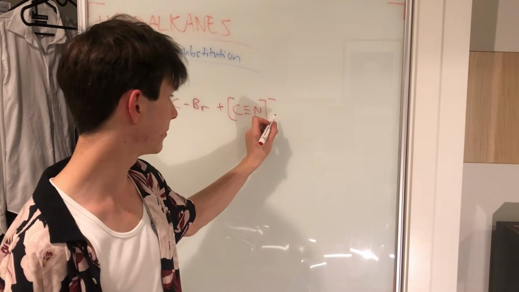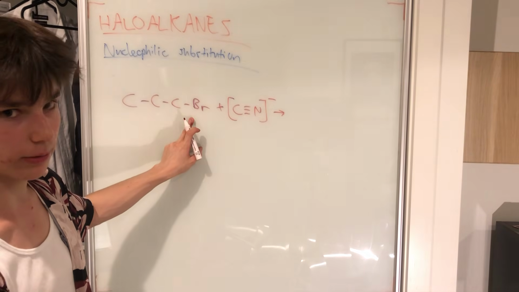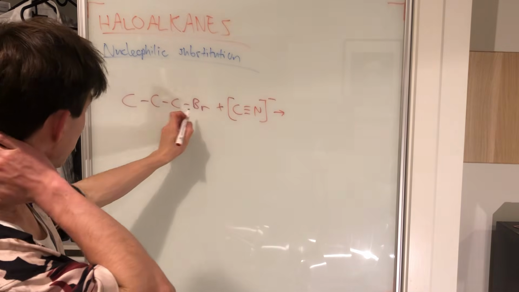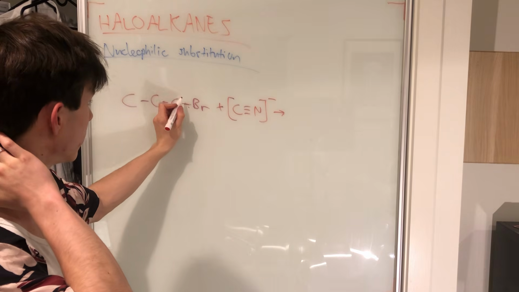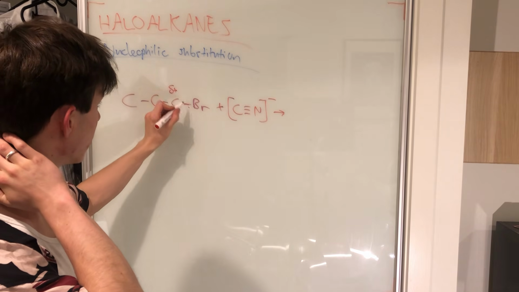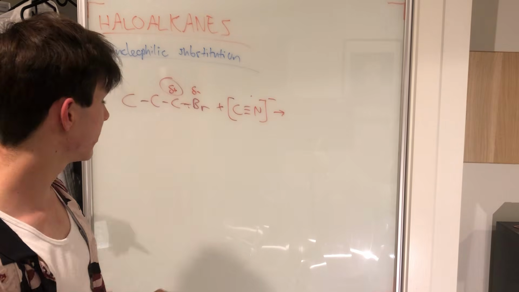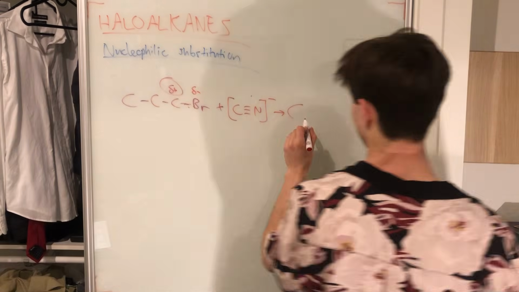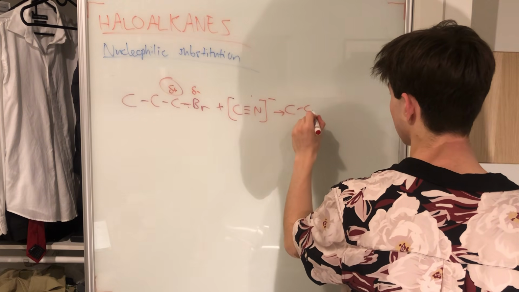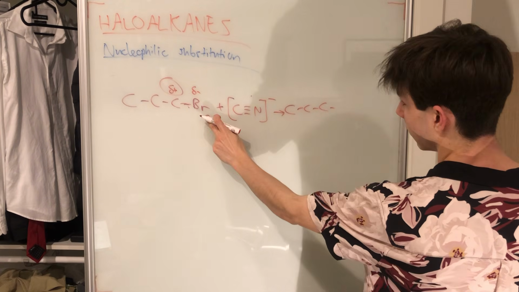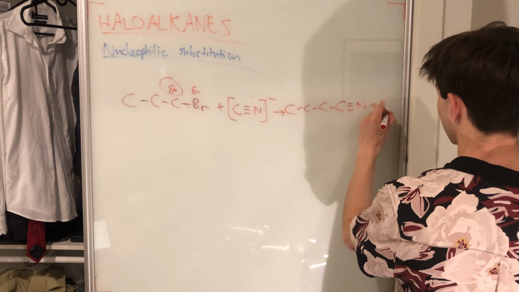What are we going to get? I haven't drawn in the hydrogens. You could draw those in if you want. But what we're going to see is, okay, this bond, partially positive over here, partially negative over there. This guy's negative. He wants to bond to that. So we're going to get C, C, C, C, N plus Br minus.